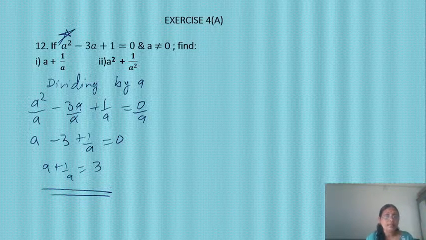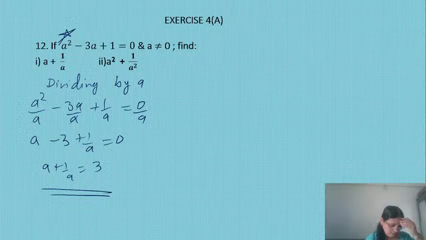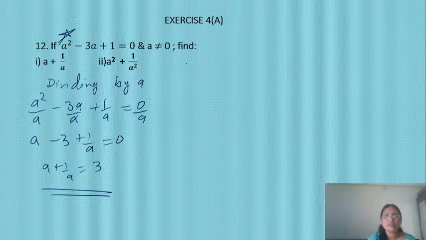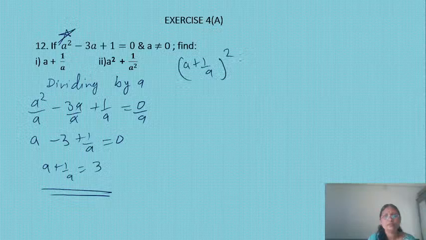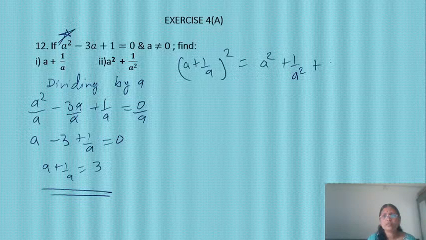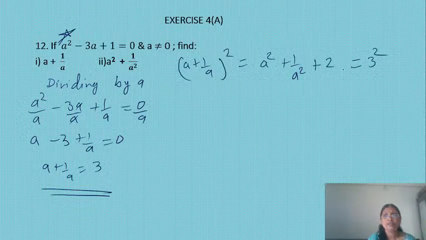For getting the second part, let us substitute the value. Let us start by squaring a plus 1 upon a the whole square. So a plus 1 upon a the whole square is equal to a square plus 1 upon a square plus 2, and that is equal to 3 square, because a plus 1 upon a is 3, which is equal to 9, right?